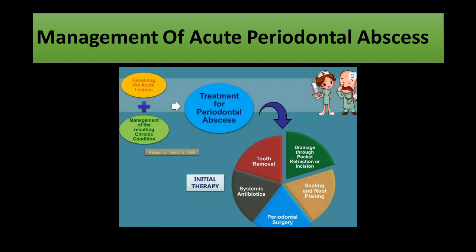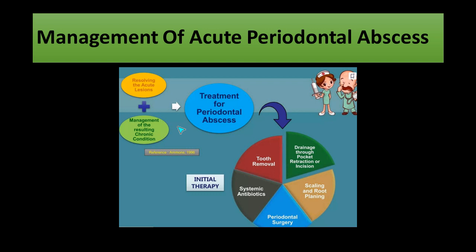Now, the main goal for us when we detect the abscess is to resolve the acute lesion immediately and to manage the resulting chronic condition. For example, we find a patient with acute periodontal abscess.